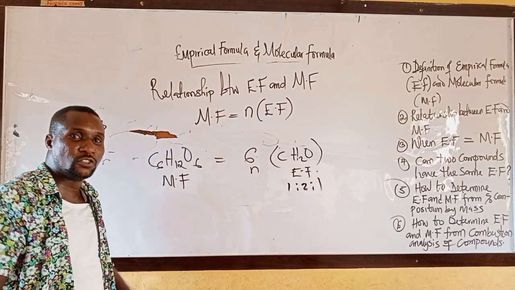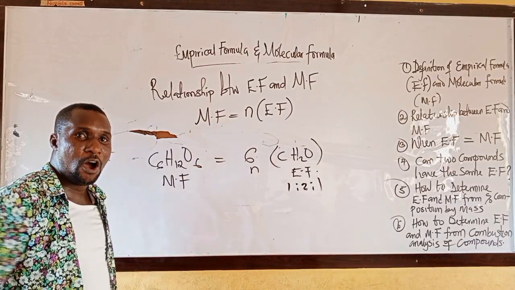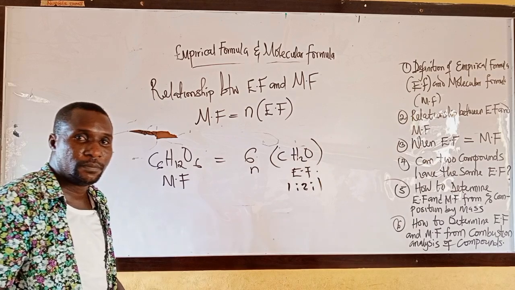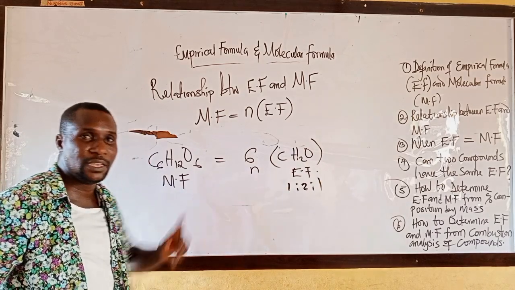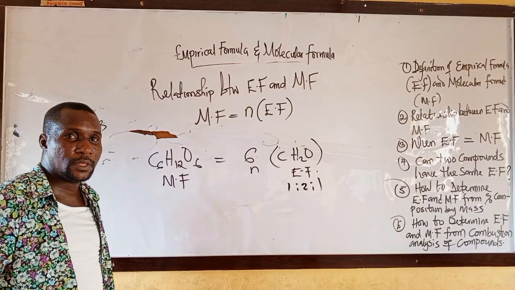The simplest whole number ratio of various atoms in one molecule of a compound. That is the empirical formula of glucose.